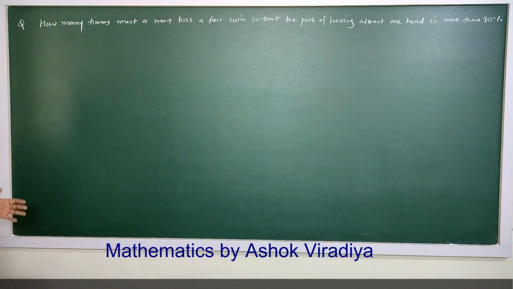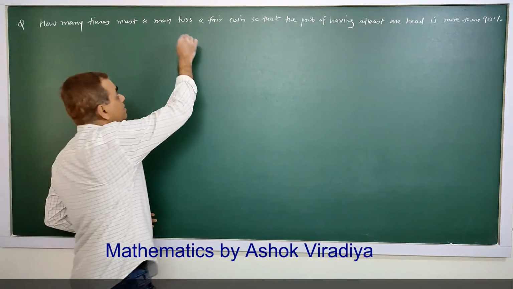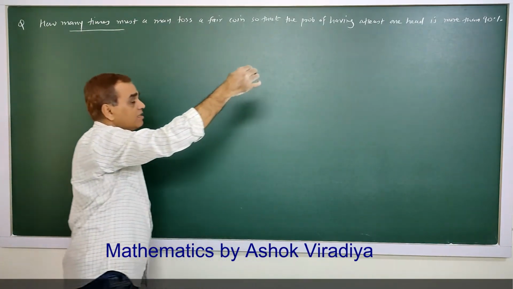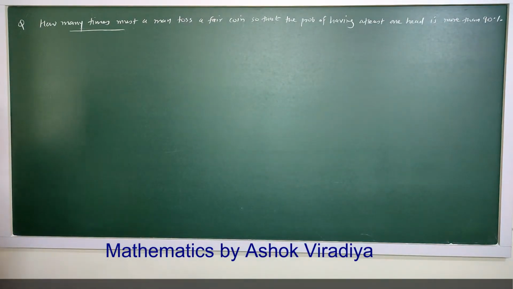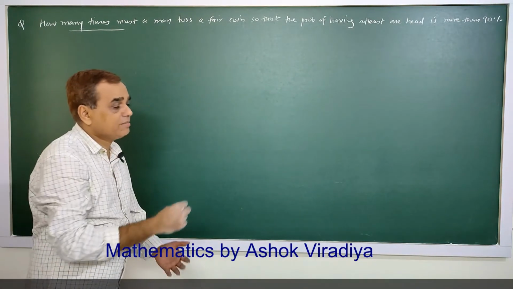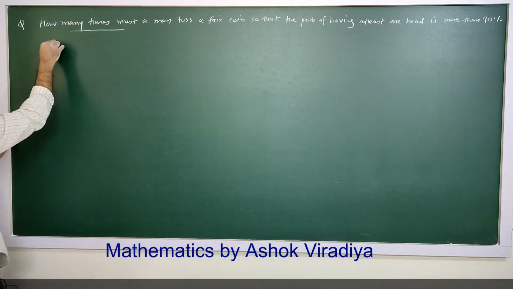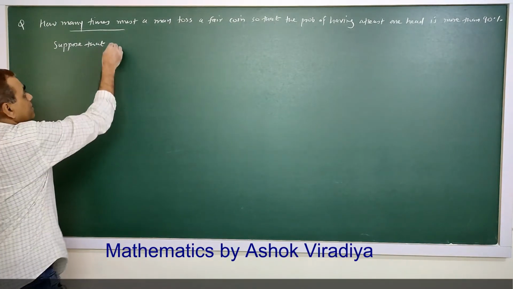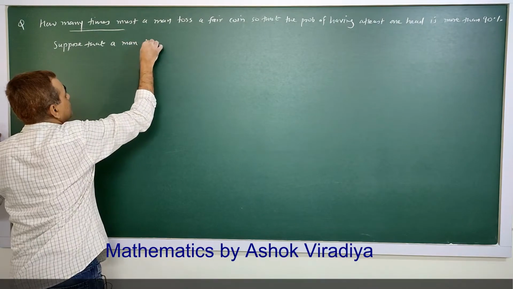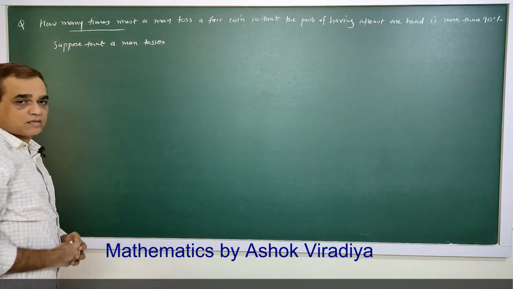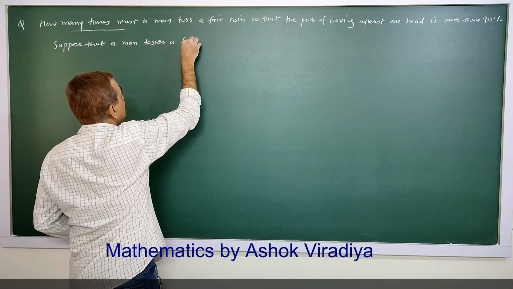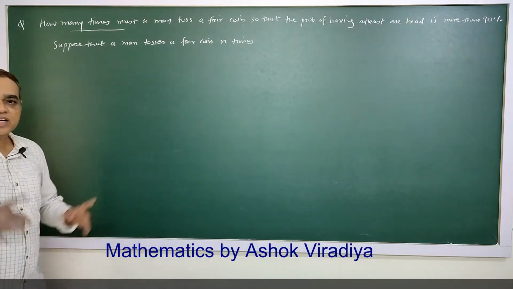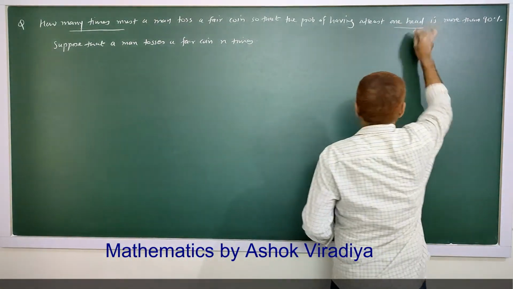How many times must a man toss a fair coin so that the probability of having at least one head is more than 90%? We suppose that a man tosses a fair coin n times, and we take getting a head as success.